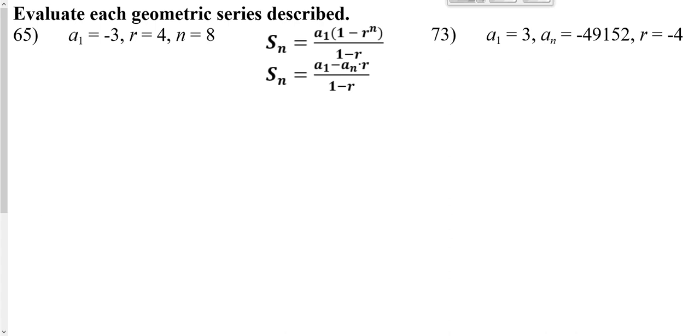And we want to do the same thing on these next couple. You notice here we have our first term, we have R, we have N, so once again that's going to be this first formula. So all we have to do is just plug stuff in.